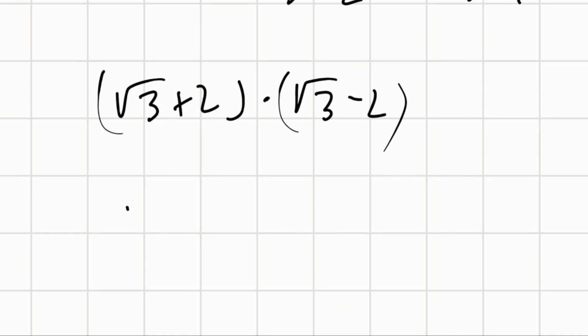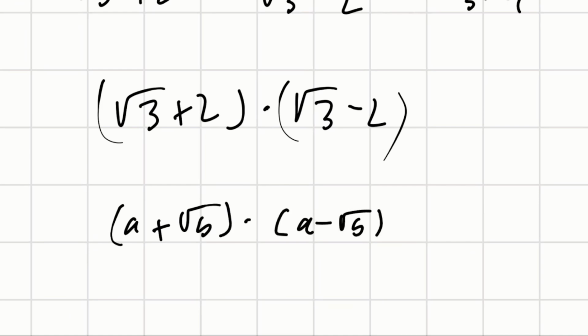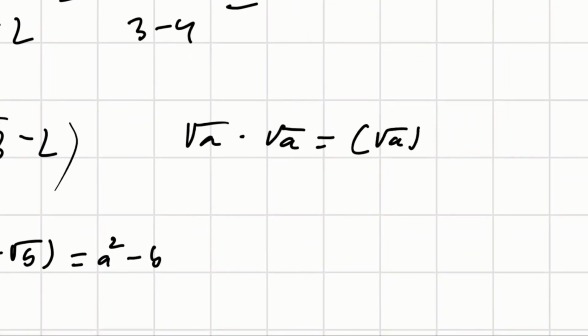You remember, the form of a binomial formula is a plus b times a minus b equals a squared minus b squared. Since we now have, let's bring it in the form a plus b. If we, for example, say we've got a plus the square root of b times a minus the square root of b, we know the product will be a squared, be careful, not b squared, but instead b, because here we have the square root, and we know a square root times a square root equals the square root of a squared, which is equal to a.